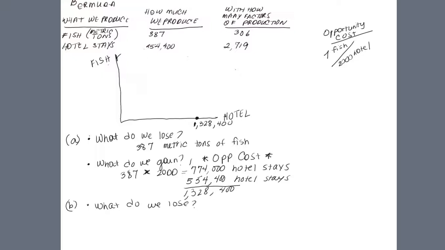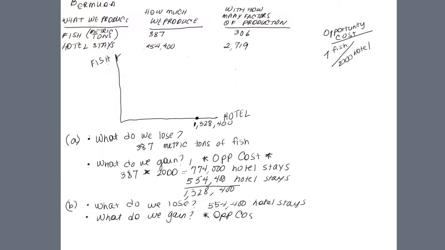What do we gain? Again, this is where the opportunity cost comes in. The opportunity cost tells us exactly this. For what we lose, what do we gain? Well, the opportunity cost tells us for each loss of 2,000 hotel stays, we gain 1 metric ton of fish caught.